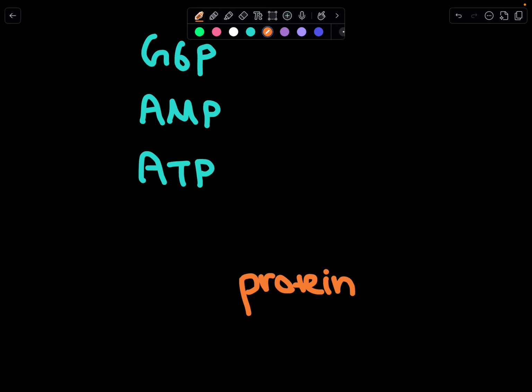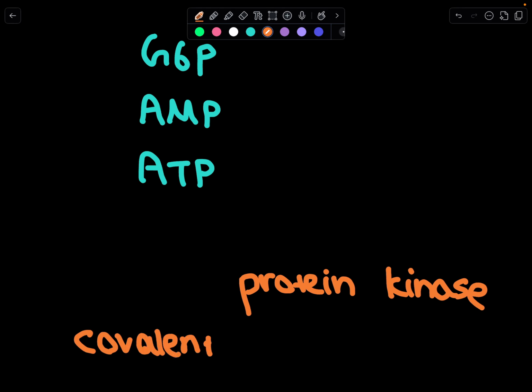Covalent modification, specifically phosphorylation, is the addition of a phosphate group to enzymes like glycogen phosphorylase or synthase, altering their activity to regulate glycogen metabolism in liver and muscle cells.